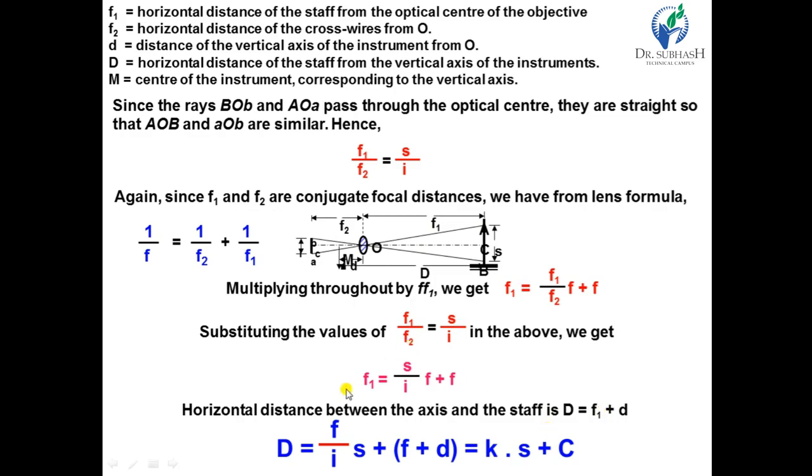After putting the value of F1 into this equation, we get the formula for the distance when the staff is horizontal with respect to our instrument and perpendicular to our line of sight.